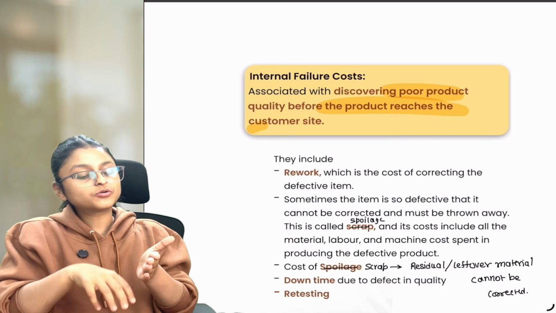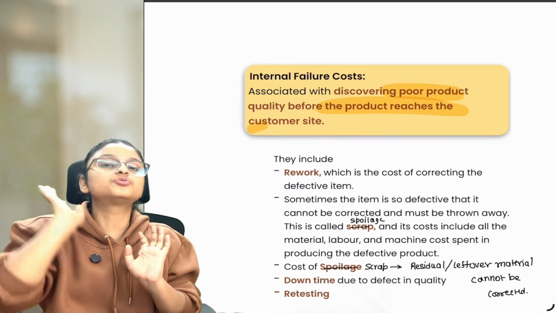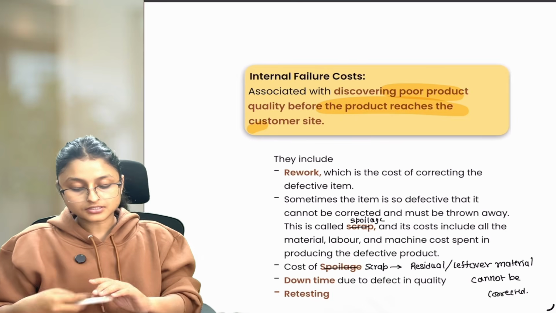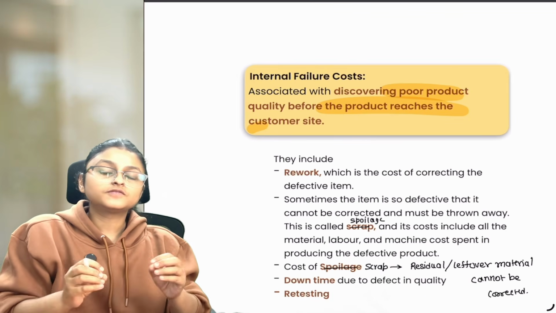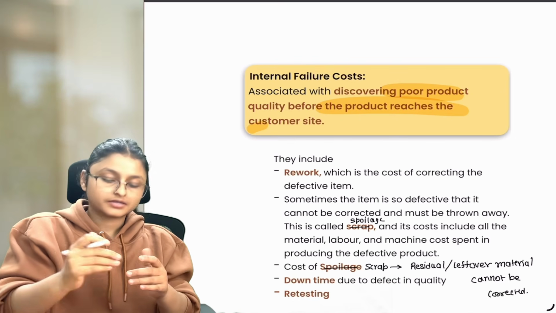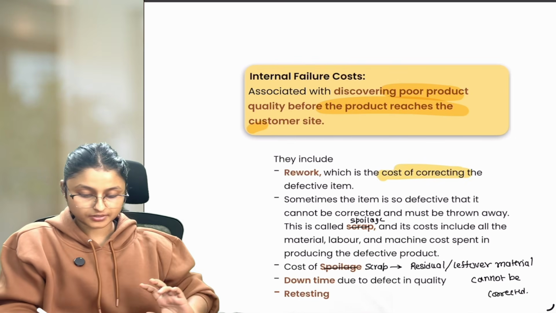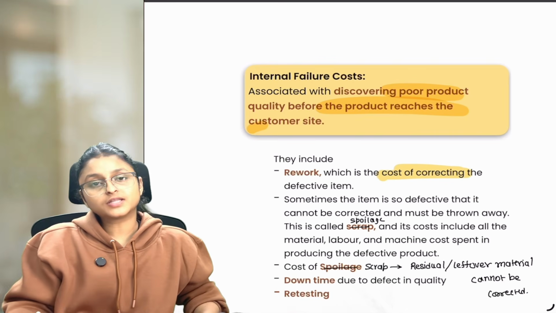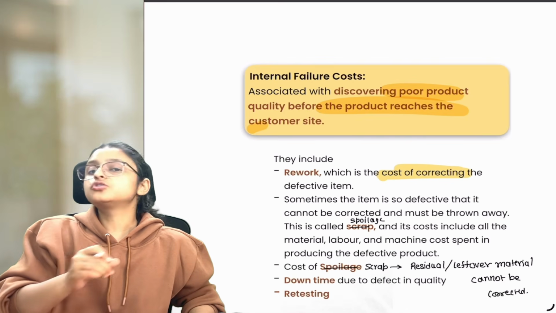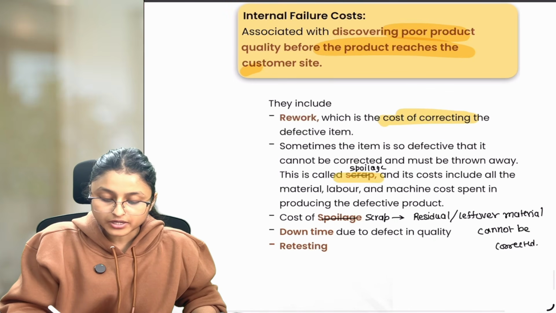And as you found out the failure inside the organization, the product has not reached the customer, right? And this includes rework cost. If the product is defective, we'll first try to correct it. And that is why there is rework cost, the cost of correcting the defective product. But if you found out that the defect is such that you're not able to correct it, then it will be treated as cost of spoilage.